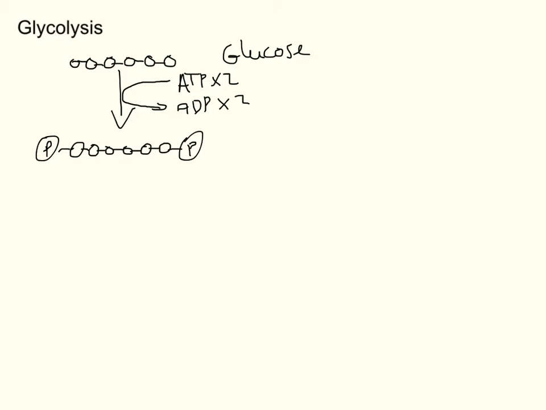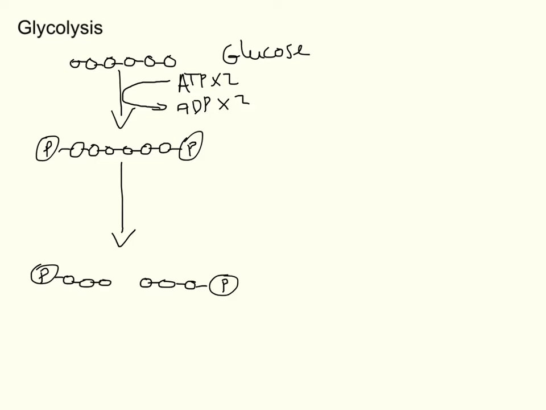Now this step then continues, and because this is an unstable molecule, it will break down very quickly to give us 2 3-carbon molecules. So that's 1 molecule, and then we'll add our additional molecule.